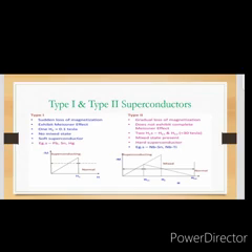For example, lead, tin and mercury are soft superconductors, whereas NbSn and NbTi are examples of type 2 superconductors.